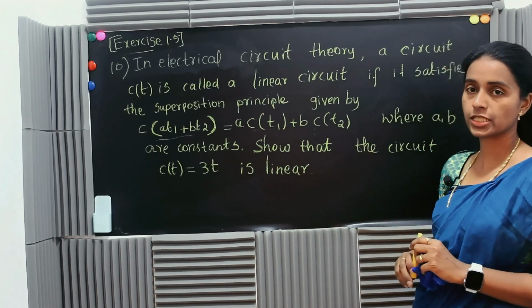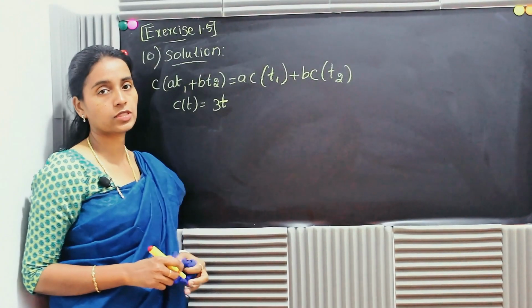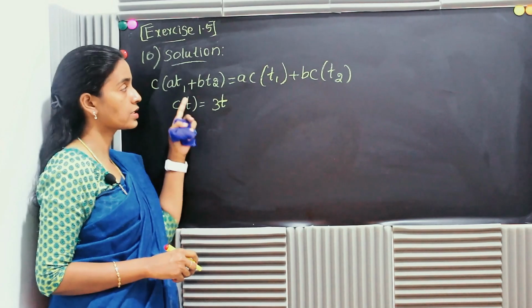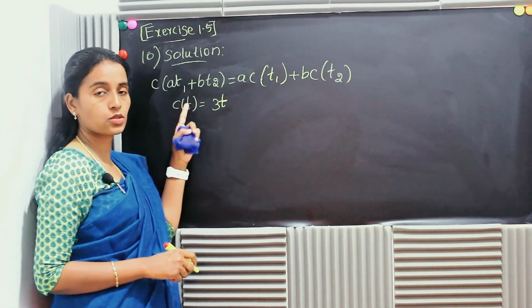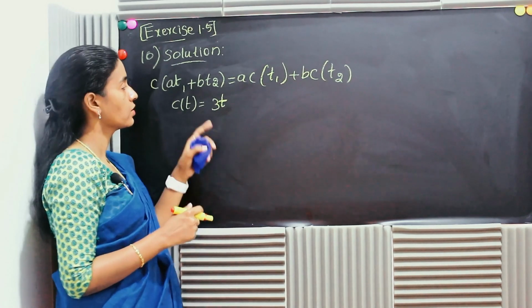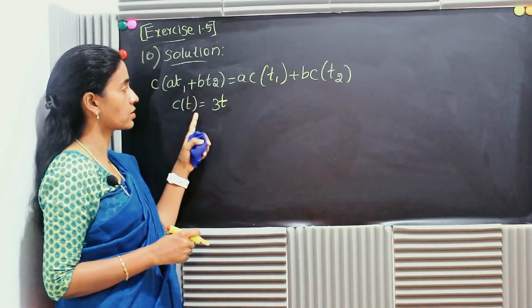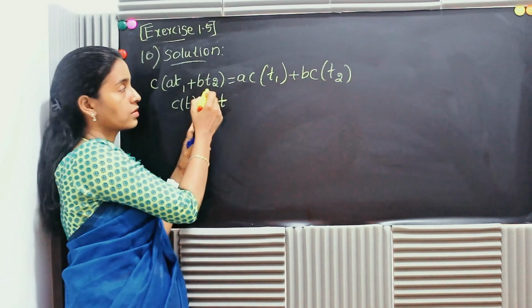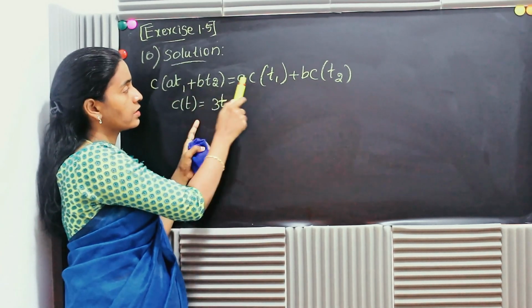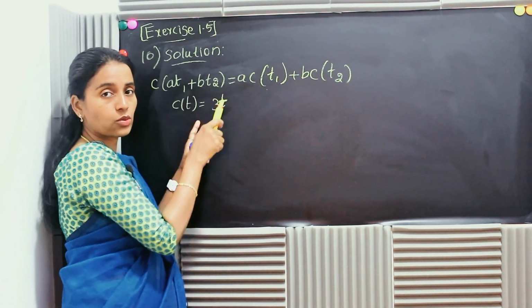Now we are getting into the solution, and for the solution I have written the given expressions. These two expressions are given in the question. Here we are going to prove the answer of this and this is equal.